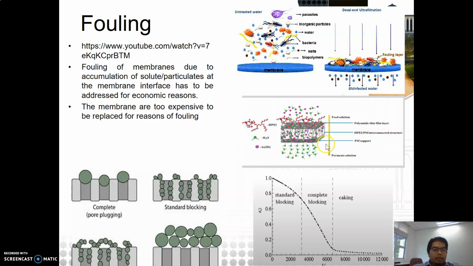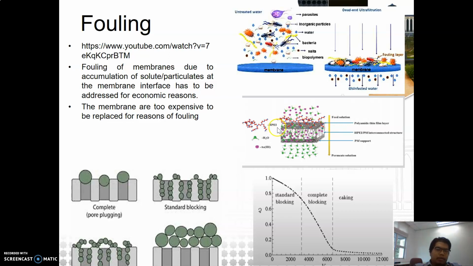Here is another illustration that I can give you. This concentration contains three particles, HPE1, H2O, and arsenic. It only permeates the water, but at the membrane pore, it will block these other things.